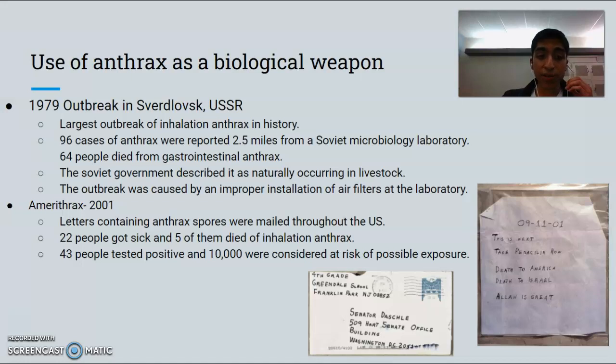It was the largest outbreak of inhalation anthrax in history. The government blamed it on livestock that was nearby, but it was due to an improper installation of air filters in the facility, which allowed the anthrax spores to escape.